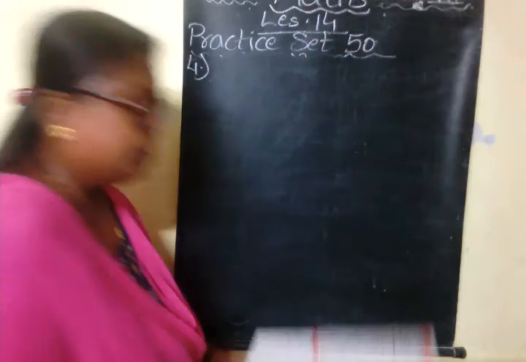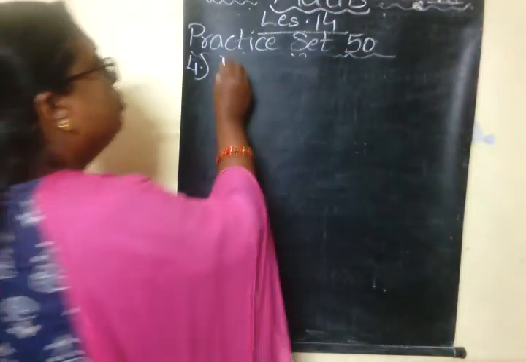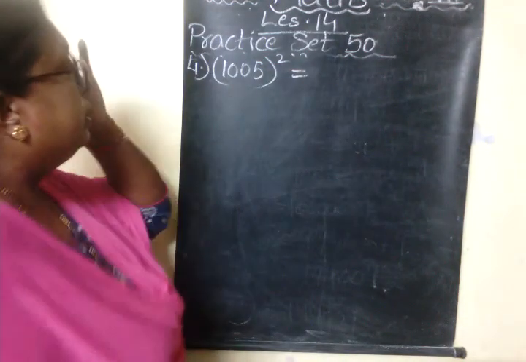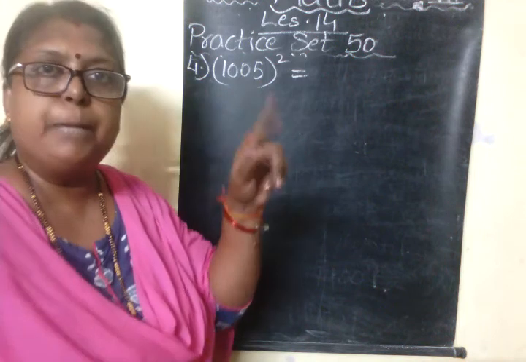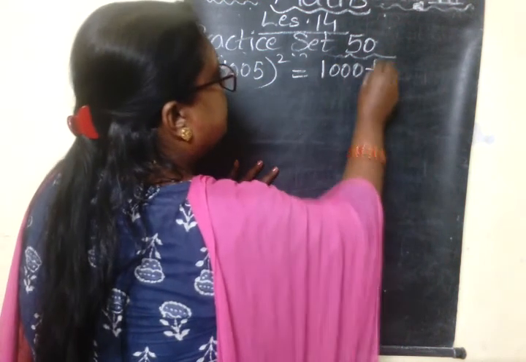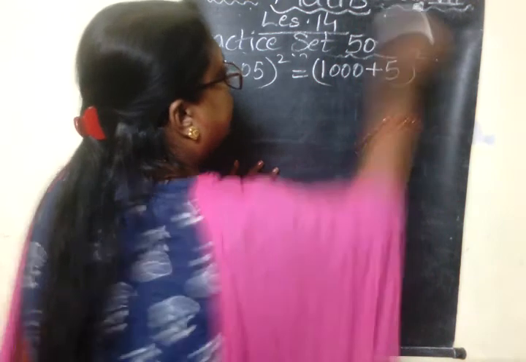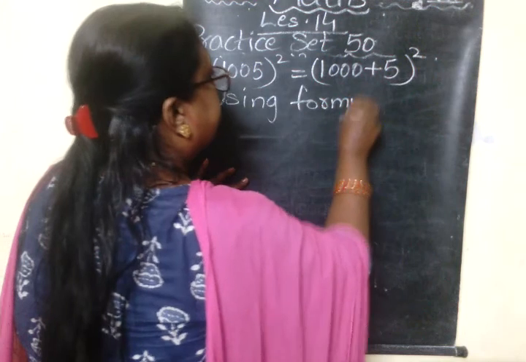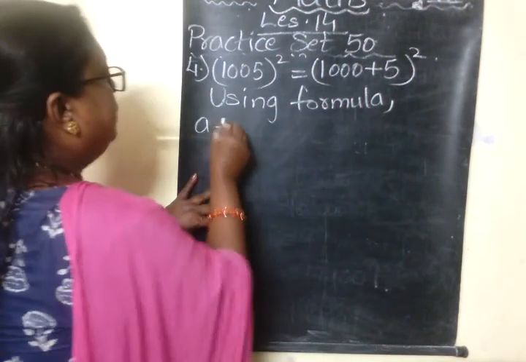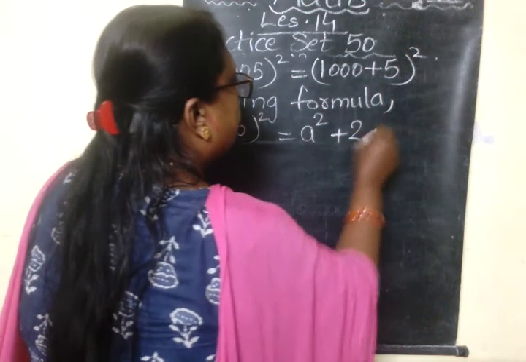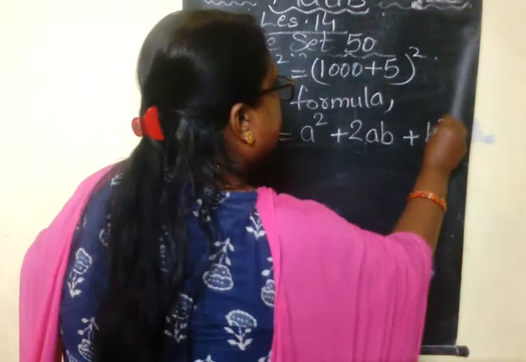The fourth sum is 1005 the whole square. Again, let us transform it into a binomial. 1005, 1000 plus 5 is nearer. So I will use 1000 plus 5 the whole square. Now, using the formula, (a plus b) the whole square is equal to a square plus twice ab plus b square.